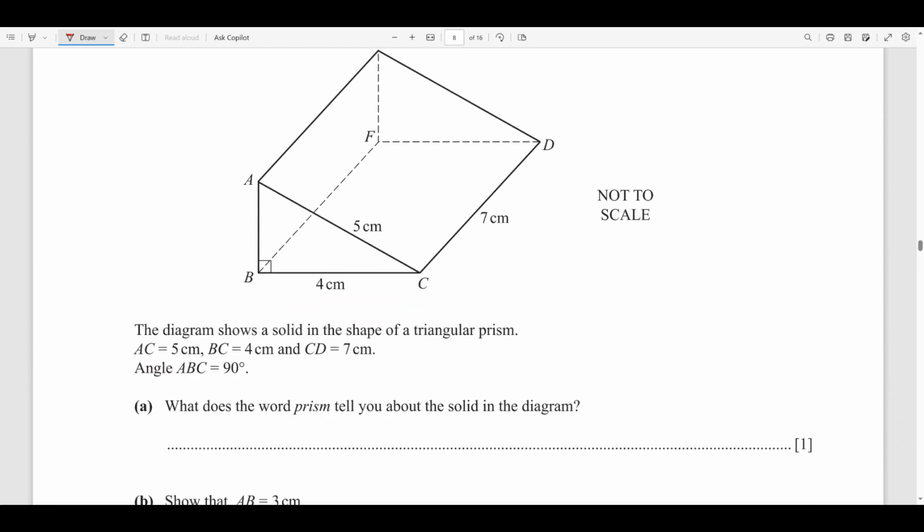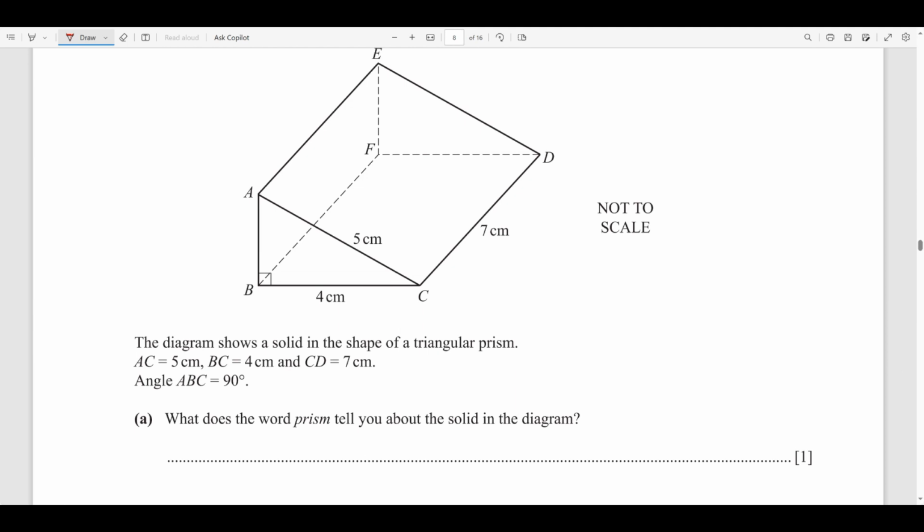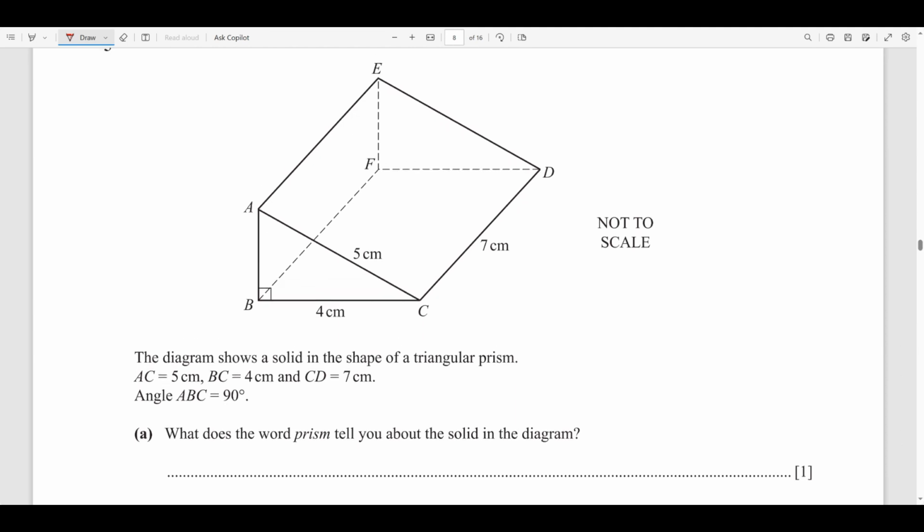What does the prism tell you about the solid in the diagram? It tells us many things. You can say that the cross section is the right triangle ABC.